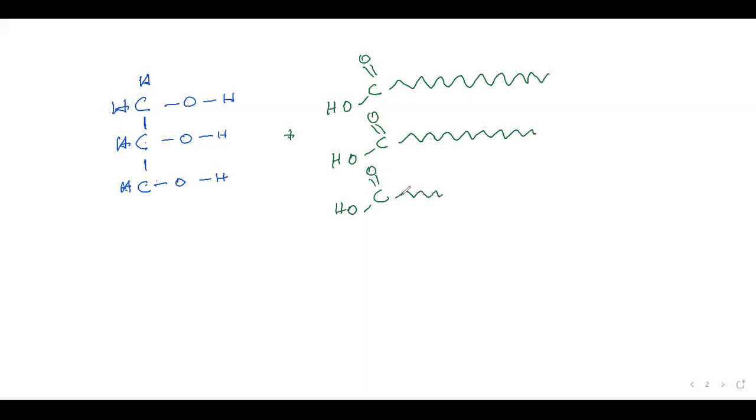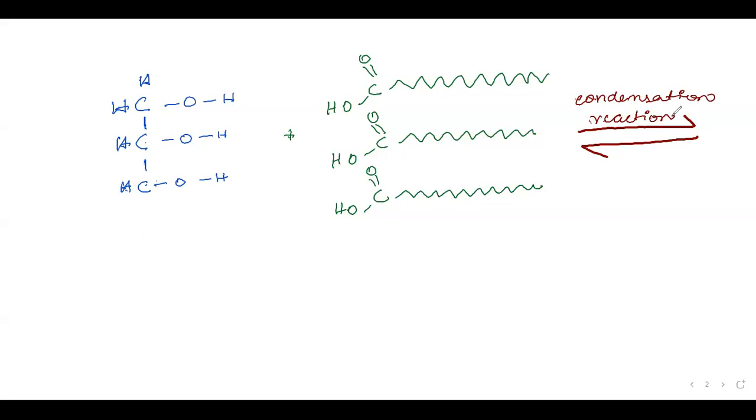Now, these two are going to join together. The reaction that's going to take place is known as a condensation reaction, just like we studied with glycosidic linkage. What is going to happen?